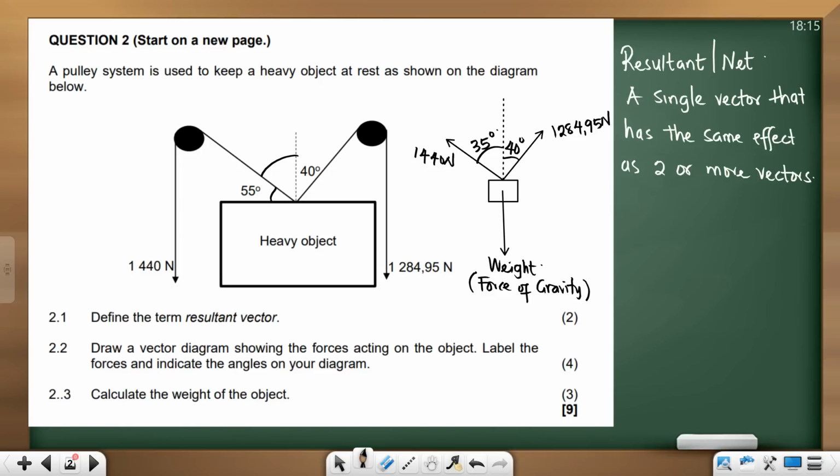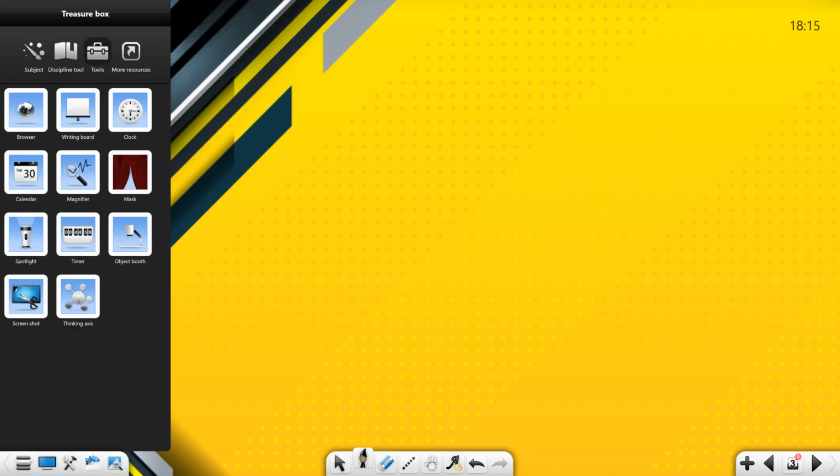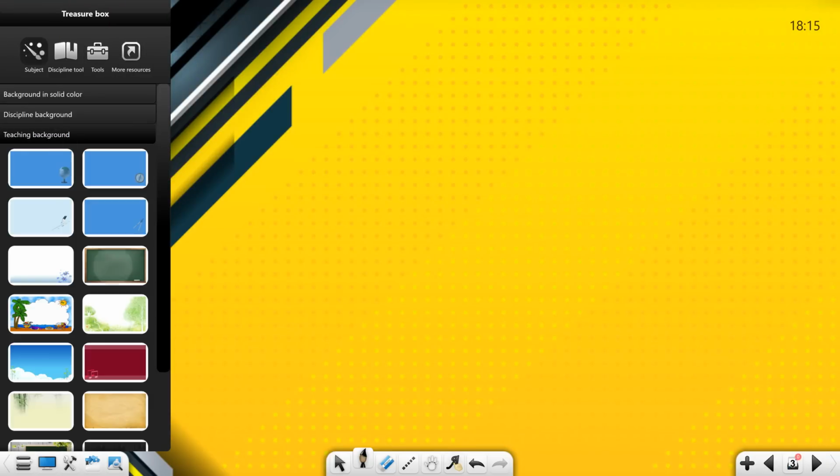Okay, so how do we calculate? Let's draw a full free body diagram now. I'm going to go to the next page. A full free body diagram. What will it look like?